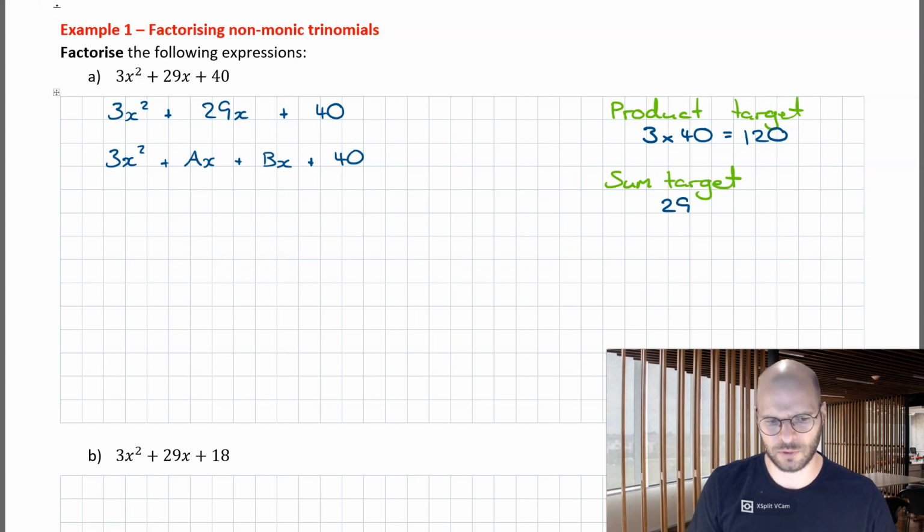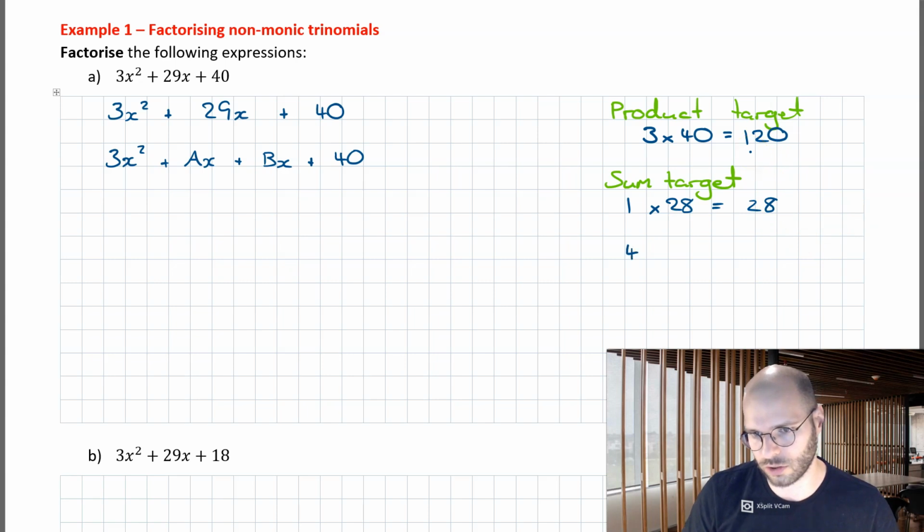Next step, I'm going to pick out these numbers that sum to equal 29, but multiply to equal 120. So I'll start off with 29 over here. I'll split that into 1 by 28. And that will give me 28. So the sum of these two still equals 29, but the product is 28. Now, because we can see that this is quite a fair way off, we'll ramp it up a bit.